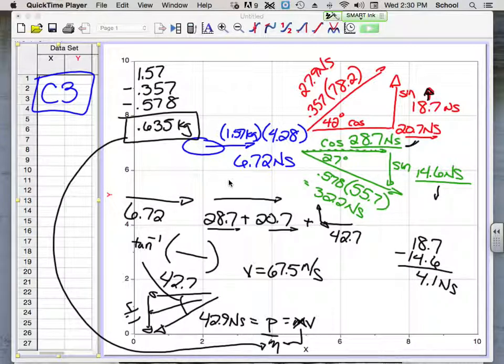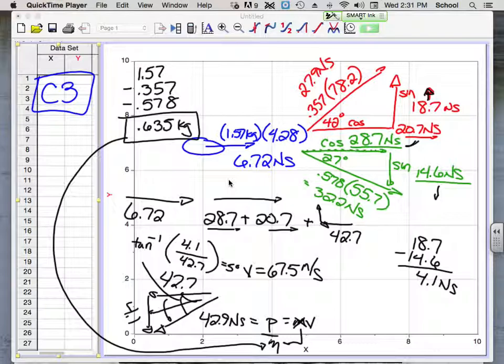We're going to do opposite over adjacent, so 4.1 over 42.7. That gives about 5 degrees, so it should be 5 degrees to the right of straight backward.